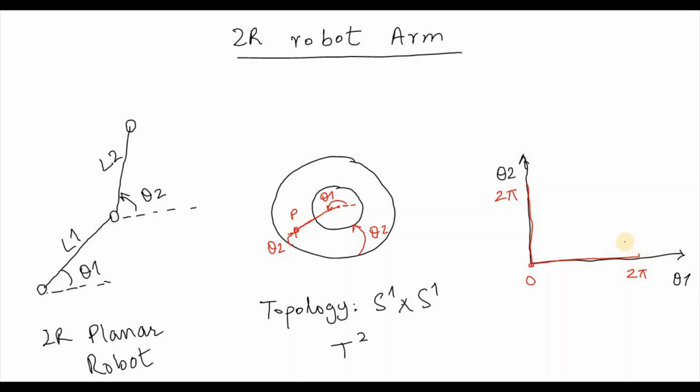And then we shall have some values within this range. For example, when theta 1 is pi and theta 2 is also pi, you will have a value somewhere here. And if both of your angles are 360, your configuration space point will be here somewhere. So this is the configuration space of your 2R robot.